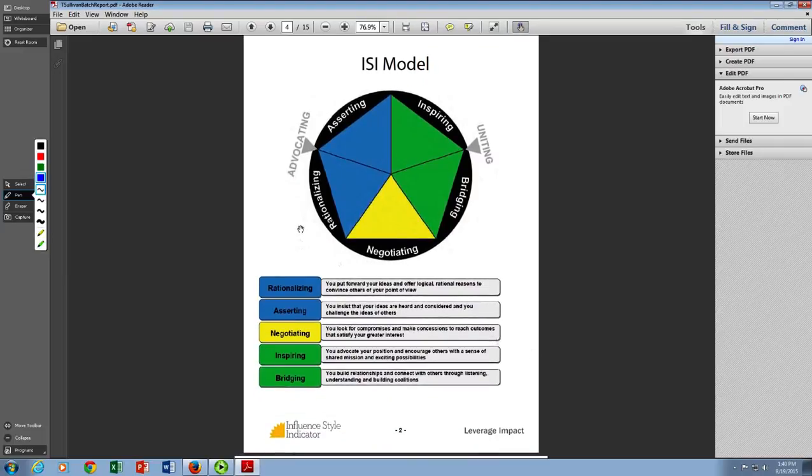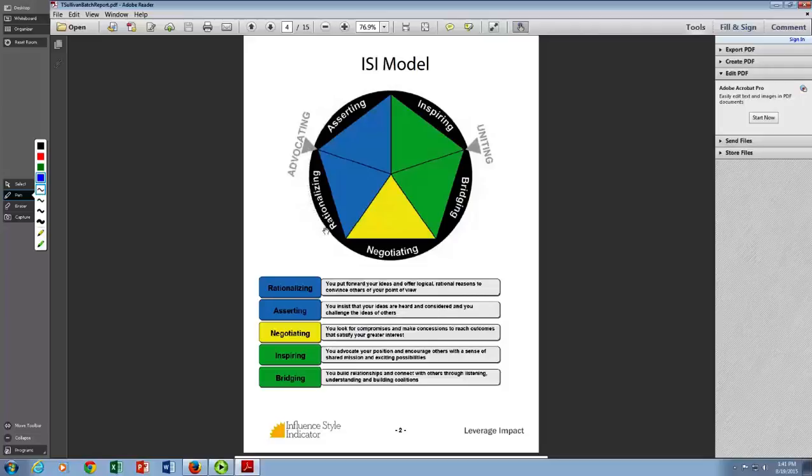What's important here just to remember is that the model relies on two primary orientations to influence. That would be advocating, which is much more of a push orientation, and uniting, which is much more of a pull orientation, drawing other people towards our ideas, with advocating being pushing our ideas towards them, in some ways onto them.